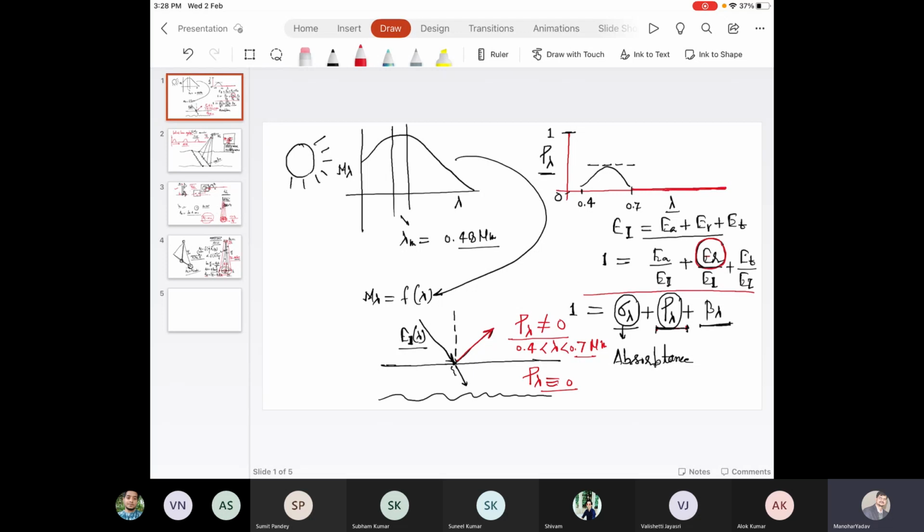It means you will get a reflected component from the water surface only within the wavelength 0.4 to 0.7 micrometer. This will be the shape, and the highest you will get is at green.